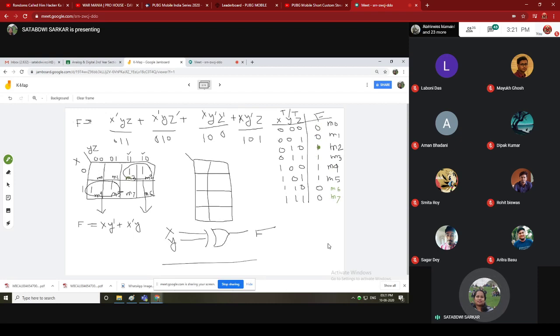So where the min terms or value of small m are 1, in those positions we have to put 1.